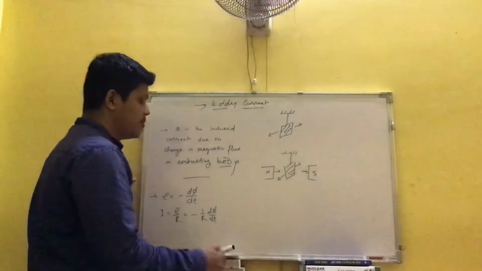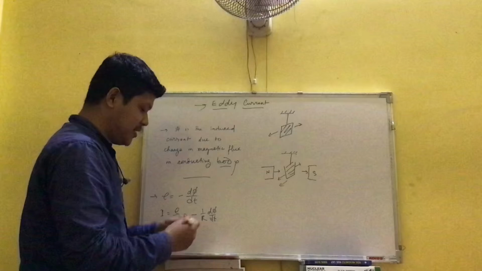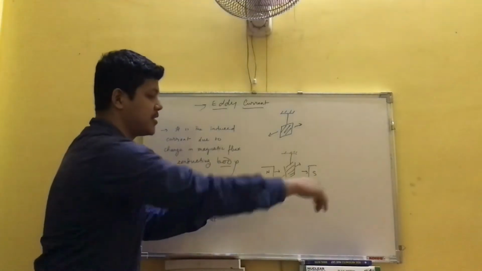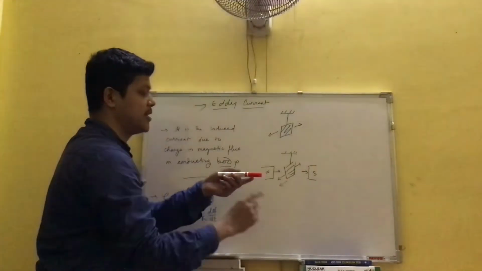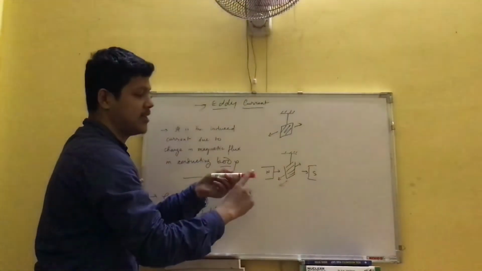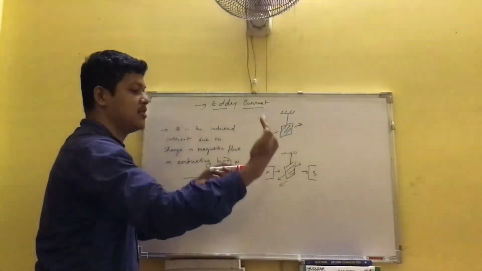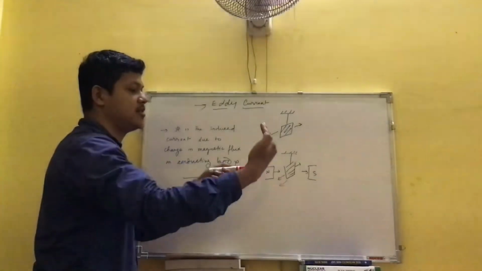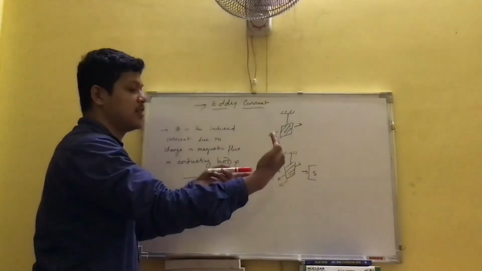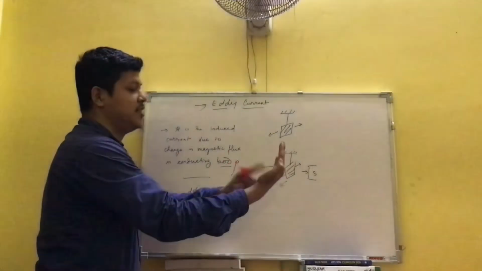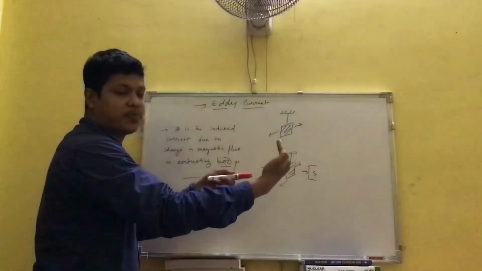Because here you see, when the plate oscillates in this direction, the magnetic field lines are in this direction. This red color is the north pole, suppose, of the magnet. When the plate is coming in this direction, according to Lenz's law, the induced EMF produced here will oppose the cause of production.